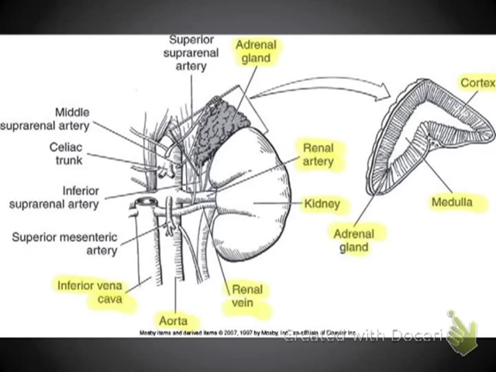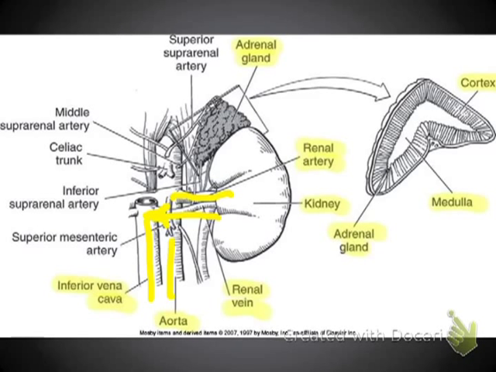Looking at this drawing here, we have the adrenal gland sitting on top of the kidney. We have the aorta here, the inferior vena cava here, and the renal artery coming in and the renal vein leaving.